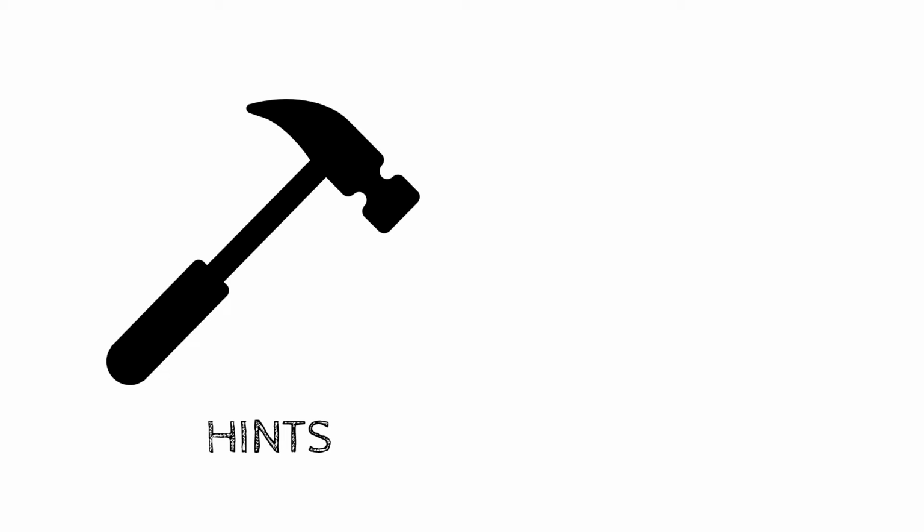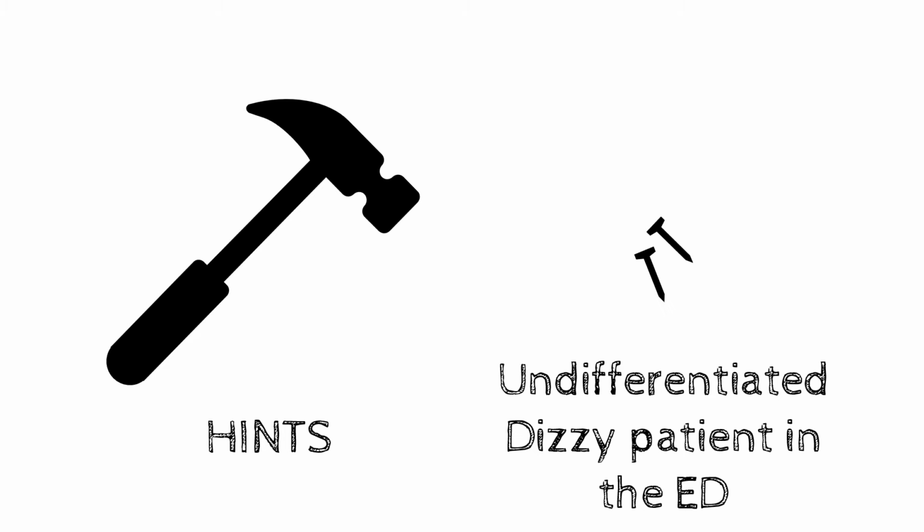So when you just look at these figures, a lot of emergency physicians, a lot of physicians in general, having heard about the Hintz test, will jump right in and say, well, here we have a great tool for this extremely difficult patient population with dizziness, which is hugely heterogeneous. And then we can just use this to differentiate between whether this is a central cause or a peripheral cause.